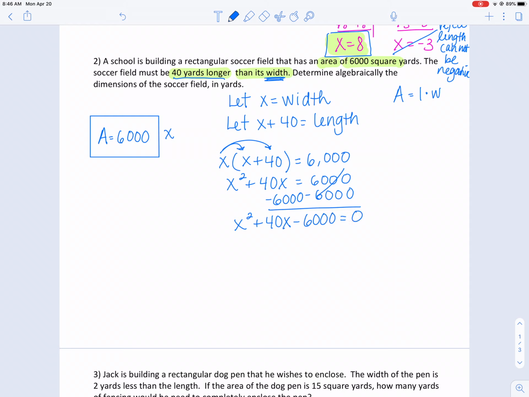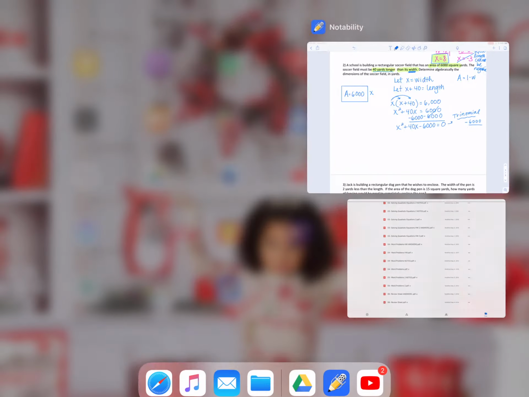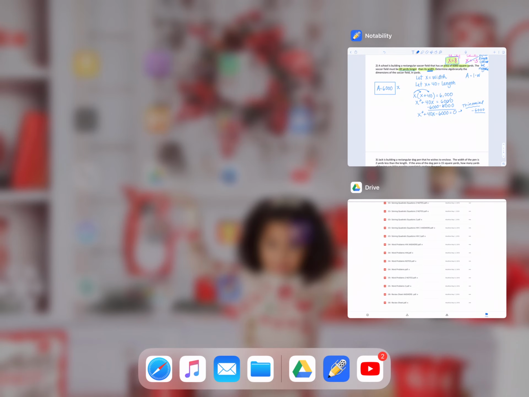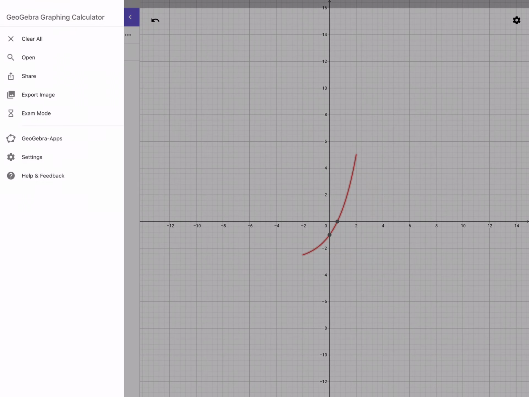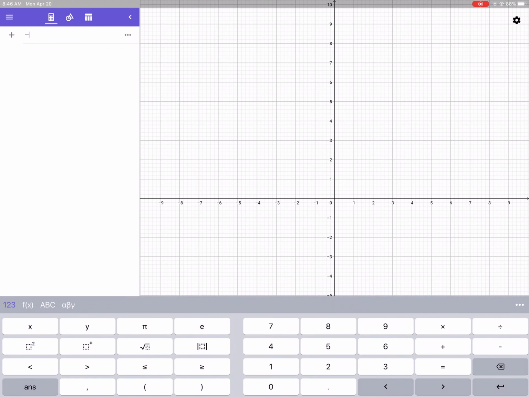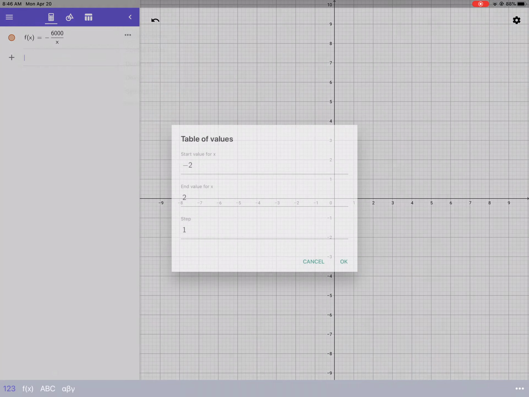Now you're saying to yourself, this is a trinomial. And you're going to say, what multiplies to negative 6,000 and adds to 40? Kind of crazy numbers. Now, what you could do is go into your calculator. I'm going to clear out everything I have, and you could do negative 6,000 divided by x and look at your table of values.